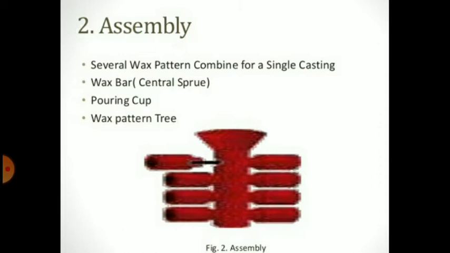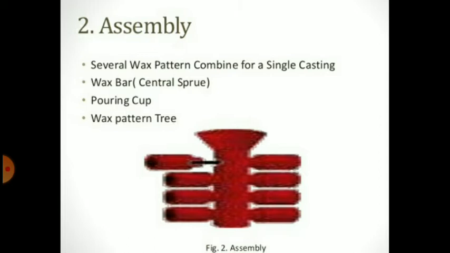In the next step, investing the wax pattern. The wax patterns are invested in two stages. Firstly, a thin coating of about 1 mm of primary investment slurry is made around the wax pattern by dipping in the slurry.